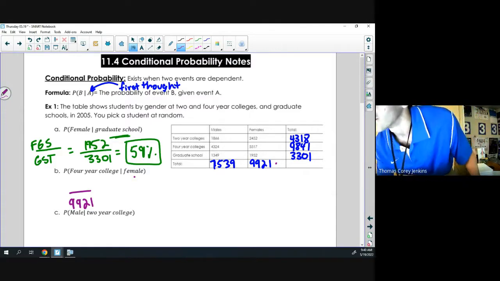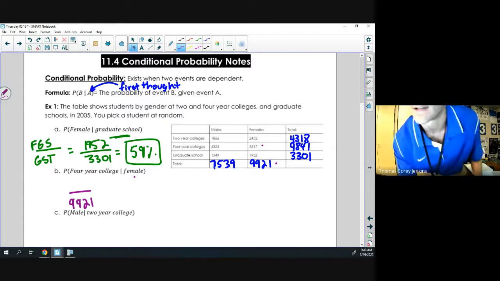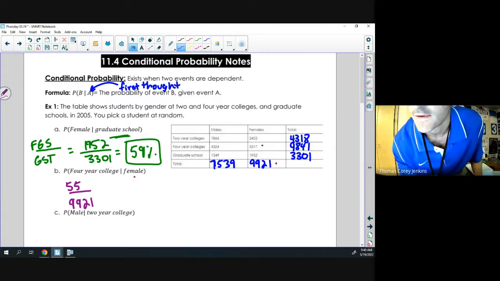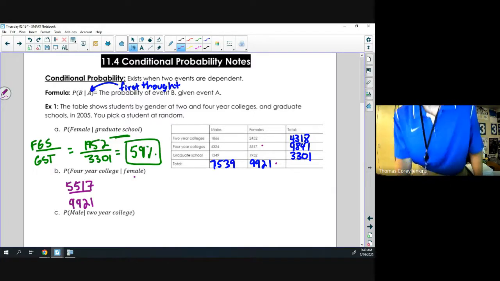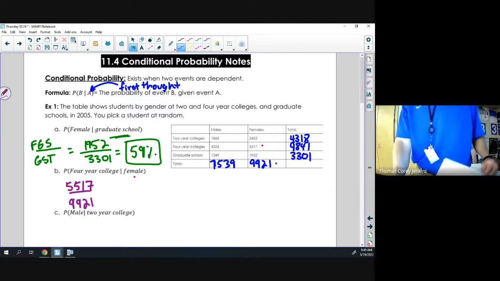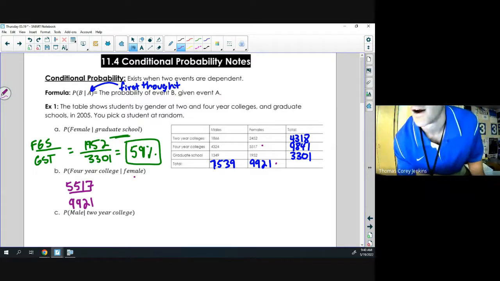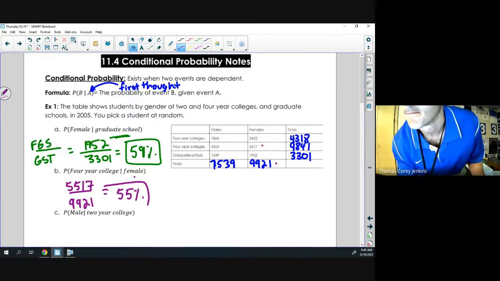That number would be 5,517. So 5,517 females who attended college attended a 4-year college. If we divide there, we get about 0.55, so about 55%.